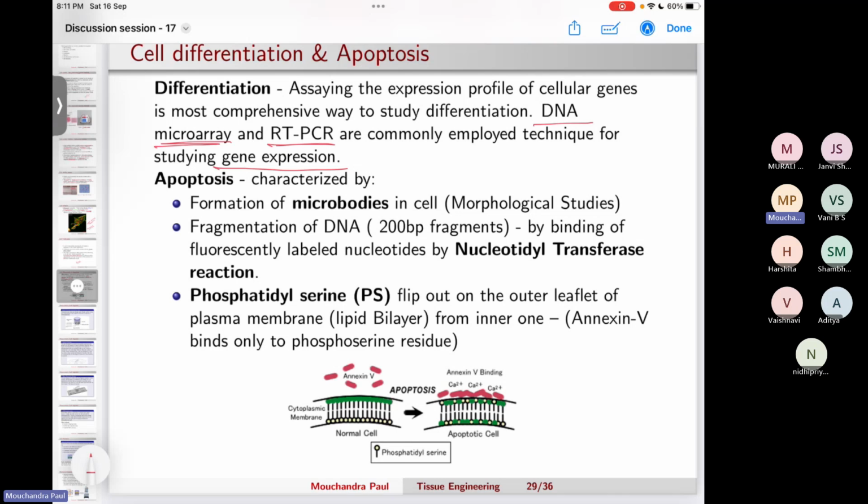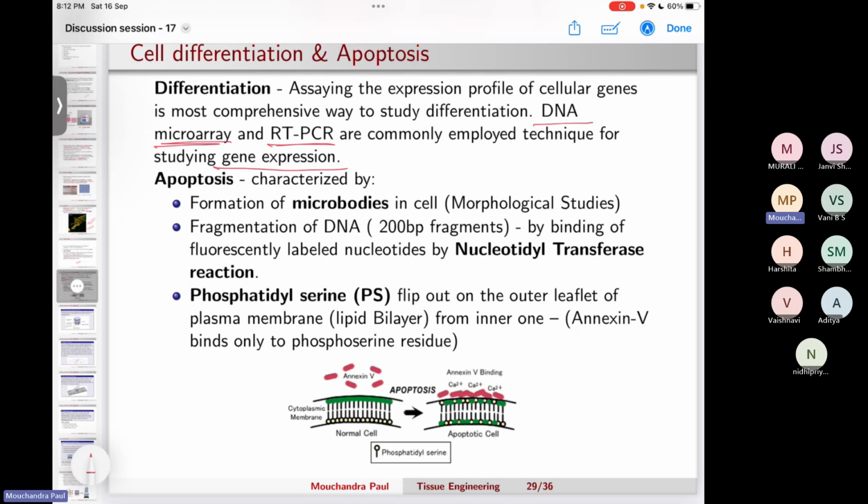Then last, we need to understand how apoptosis is taking place. This is another very important thing, because when people are studying cancer cells, they want to understand whether the drug is effective or not, and through which mechanism the cancer cells are getting killed, whether it is apoptosis or some other kind of mechanism.